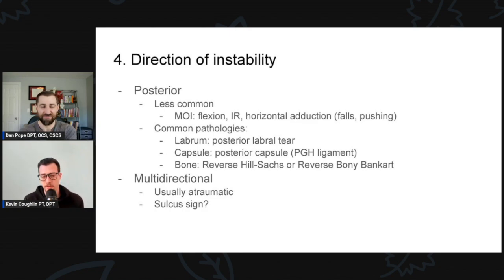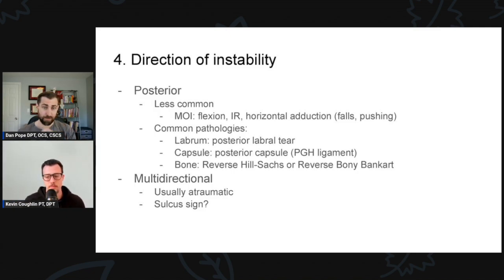But anyway, just a little bit more about the direction of instability. Aside from obviously anterior, we can have posterior instability, and paying attention in the subjective exam to that mechanism. The patient might describe falling down on their arm, kind of cross body, landing on their elbow, getting that axial force going posteriorly, and they might have a little dislocation event in the back.